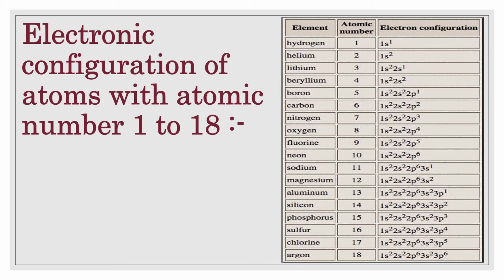Similarly, carbon has 6 electrons. So after 2s, what will be the next subshell which has slightly higher energy than 2s? That is 2p. So we write 2p after that, meaning after filling up the 1s and 2s orbitals, we are left with 2 more electrons, because 1s contains 2 electrons and 2s contains 2 more, making 4.